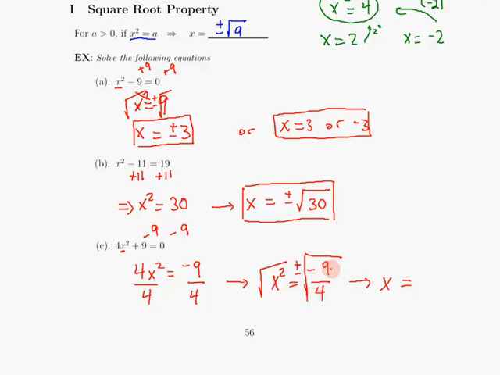The square root of negative 9, remember from section 7.7 that when you take the square root of a negative number, it's the square root of the absolute value, which is the square root of 9, which is 3, and then the square root of negative 1, which is simply i, over the square root of 4, which is going to be 2, and I still have the plus or minus out front. So plus or minus 3i over 2. So it's possible, using the square root property, that we will end up with complex or imaginary answers.